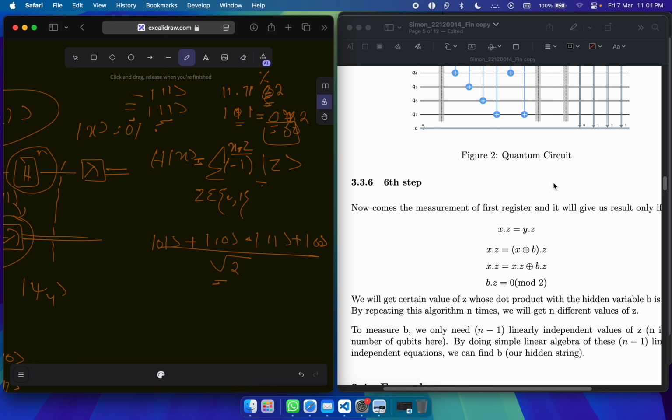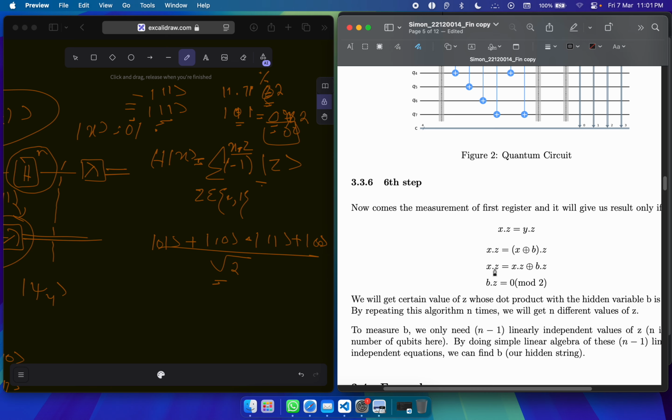And so when we cancel x dot z from both sides, this can be done by XORing on both sides with x dot z here, right? So you get the same thing. A XORed with a is always going to be 0. We know this because 1 XORed 1 equals 0, and 0 XORed 0 equals 0, right? So x dot z XOR x dot z is going to be 0. So now only b dot z remains, and that equals 0.